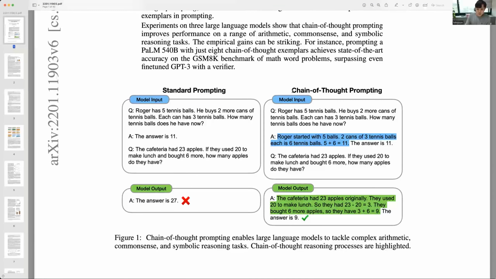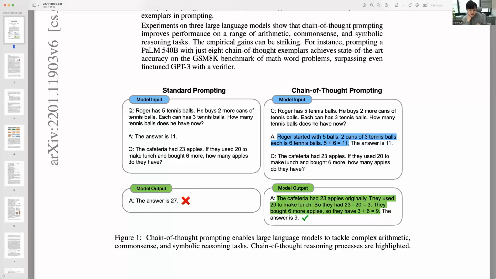What this paper proposes is a very simple modification: instead of just giving the answer is 11, it appends the explanation in front of the answer. Roger started with 5 balls, 2 cans of 3 tennis balls each is 6 tennis balls, 5 plus 6 equals 11. So this is basically the solution, not just the answer, but how the person arrives at the answer.